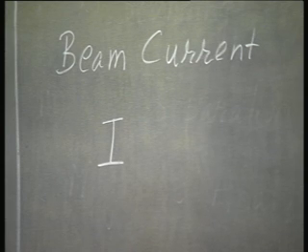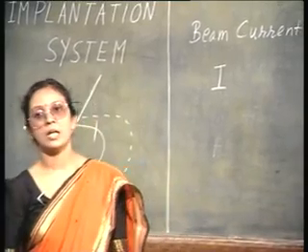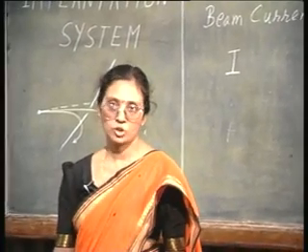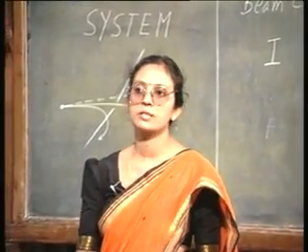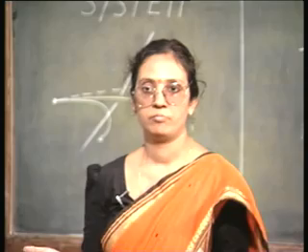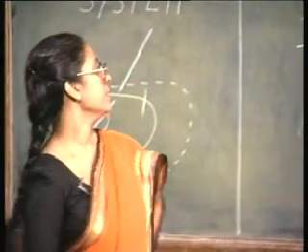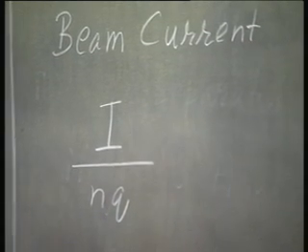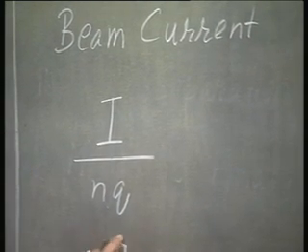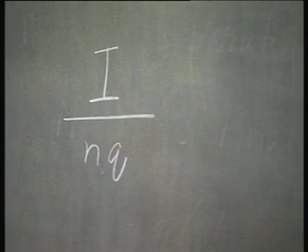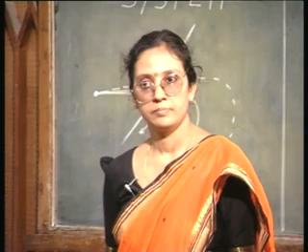Now, if I have an ion species of charge Q and charge state, that is whether it is singly or doubly ionized, and I call that charge state n for example, then this I divided by n times Q is actually the number of ions hitting the semiconductor per unit time, right.